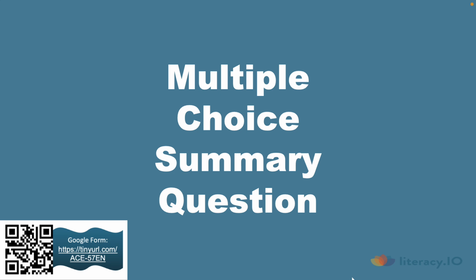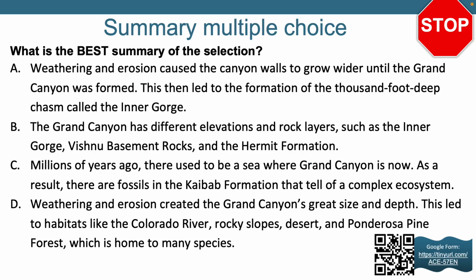Now it's time to answer a multiple choice summary question. What is the best summary of the selection? A. Weathering and erosion caused the canyon walls to grow wider until the Grand Canyon was formed. This then led to the formation of the 1,000-foot deep chasm called the Inner Gorge. B. The Grand Canyon has different elevations and rock layers, such as the Inner Gorge, Vishnu Basement Rocks, and the Hermit Formation.